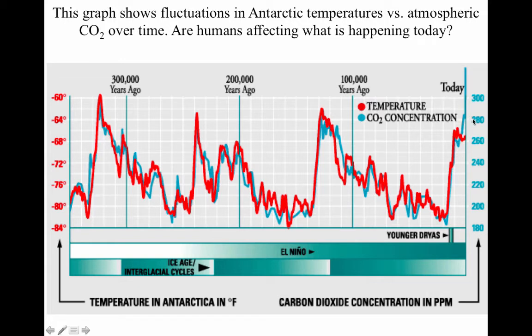But if you notice these numbers on the right-hand side, these would be the parts per million of carbon dioxide. This graph actually stops at 300, and it's a couple years old. And recently, it's been making the news that they've been recording concentrations as high as 400 parts per million, which would be way up on the graph and above the page here.